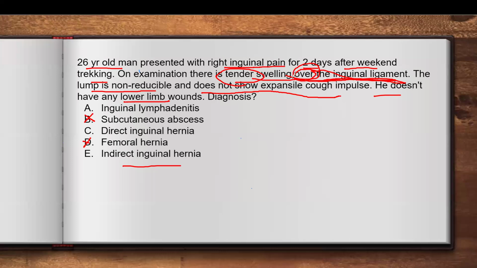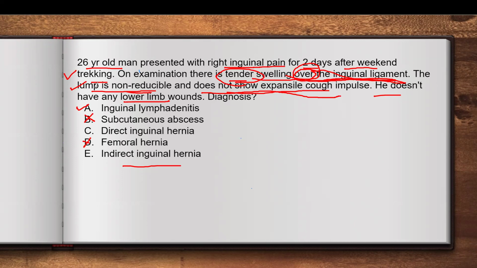So that is why it goes more with inguinal lymphadenitis, because it is a tender swelling present over the inguinal ligament, and there is a history of trekking. So maybe there is an unnoticed insect bite. If you see this non-reducible swelling that does not show expansile cough impulse, and you say this is a strangulated inguinal hernia, then there must be signs of obstruction as well, right?